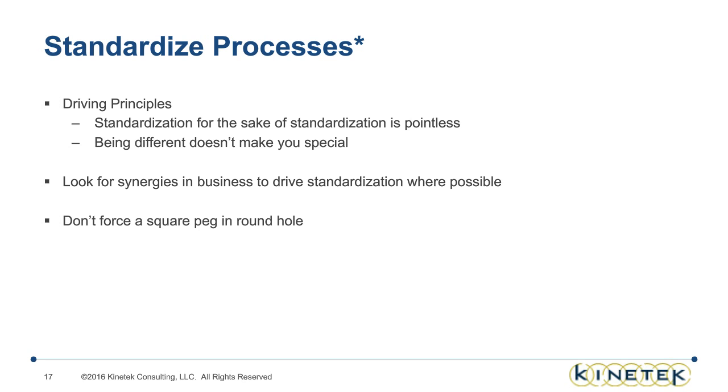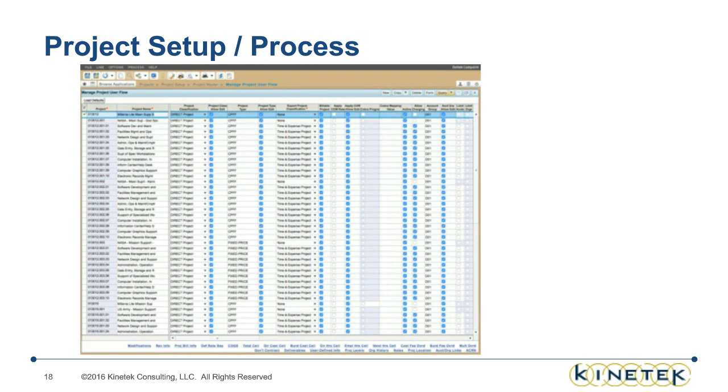Okay. So some of the standardization that we see are organizations that standardize their project structures. Sometimes they standardize them across the enterprise. Sometimes they standardize them across particular lines of business or business units. Why? What did they get out of that?